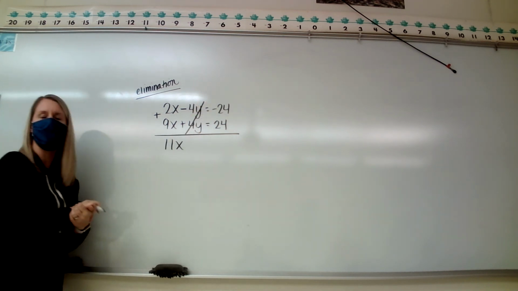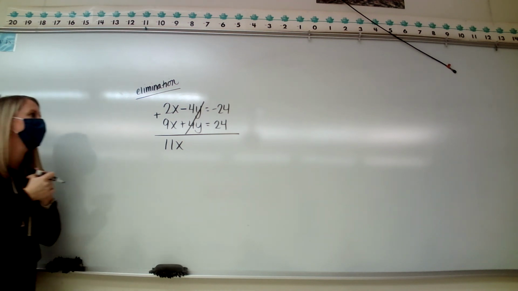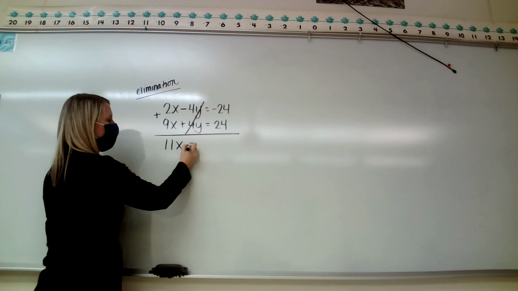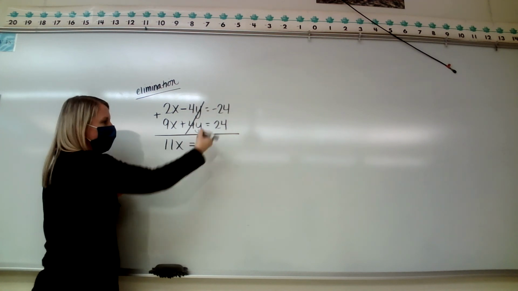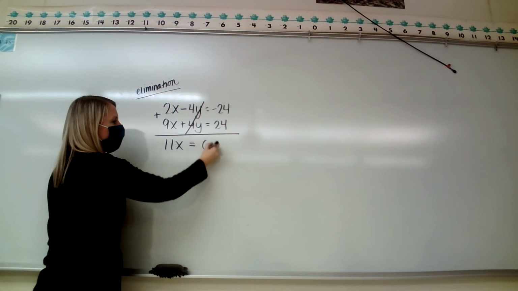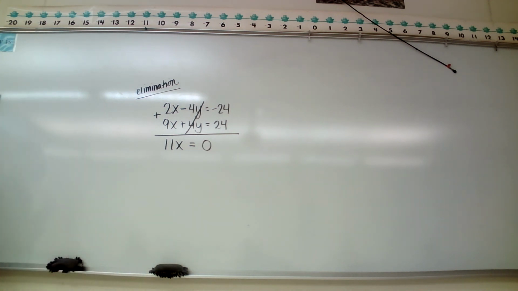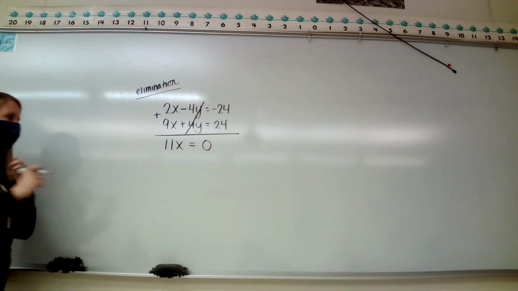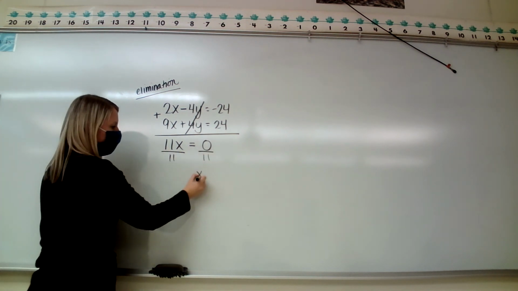We don't write 0y. That's why this is called elimination. Equals negative 24 plus 24, which also eliminates. We need to put something here, so we put a 0. You can't have a blank side of an equation. So if you have nothing, you do put a 0. Divide by 11 and you have x. It's 0.